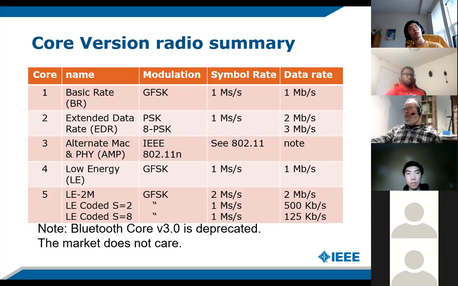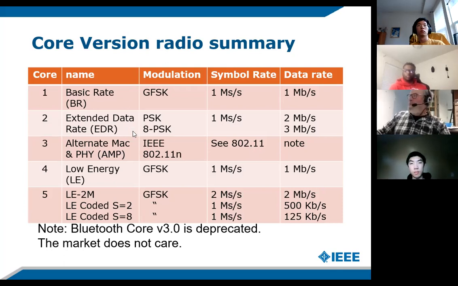We did this work so that suddenly you could run 100 megabits per second, but the market didn't seem to care. The market thought, well, if we've got a working Wi-Fi radio, let's leave the working Wi-Fi radio alone. So this spec is deprecated.